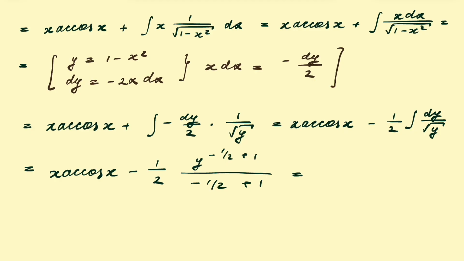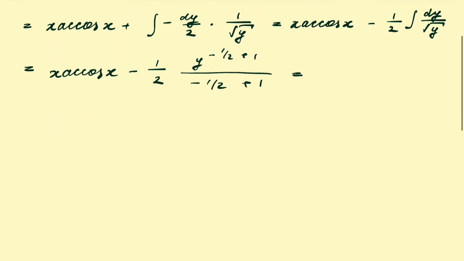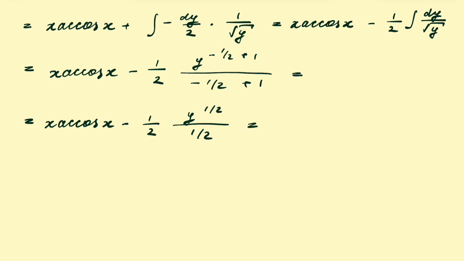And we have some constant here, but I'll write it towards the end. It's x times arc cosine of x minus 1 over 2 times y to the power of 1 over 2 over 1 over 2.